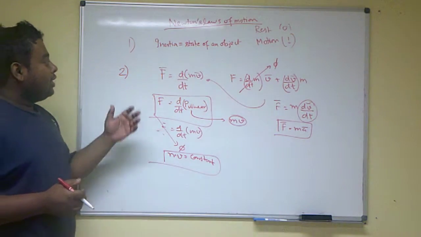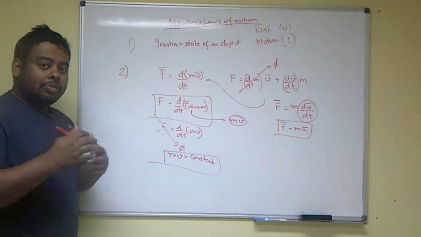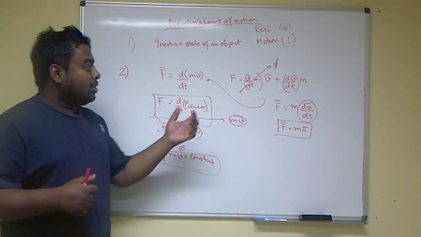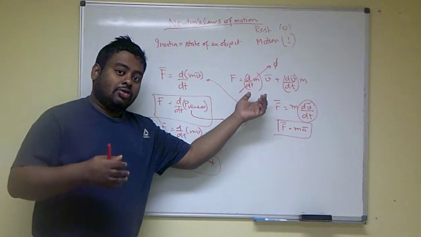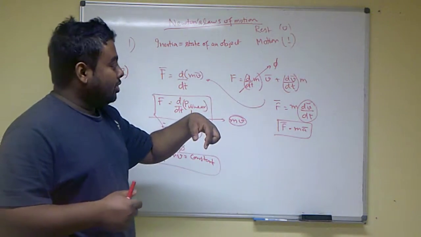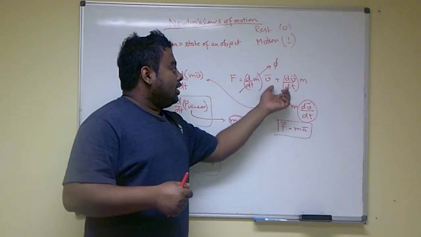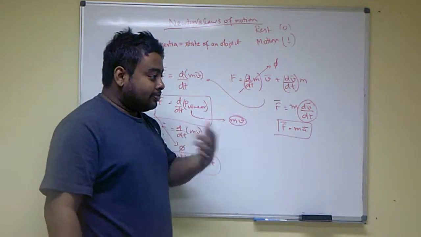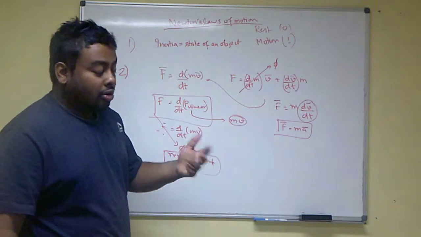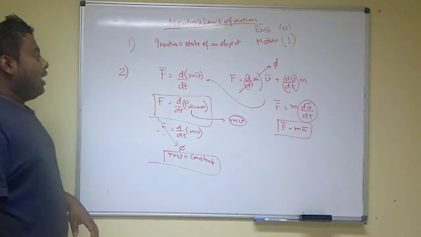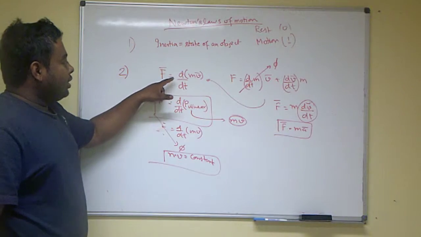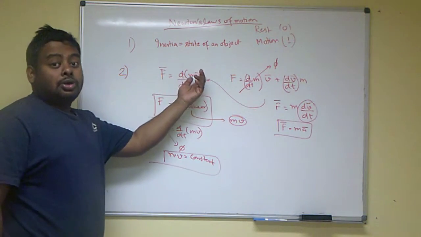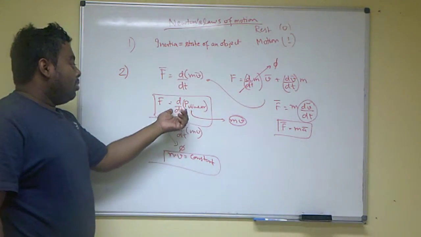The first part says that any application of external force can be measured in terms of how much the mass is changing at constant velocity of the body on which the force has been exerted, or the change in velocity at constant mass of the body on which the force has been exerted. By reverse chain rule, we can write that as d/dt of mv, and the mv vector is nothing but your linear momentum.